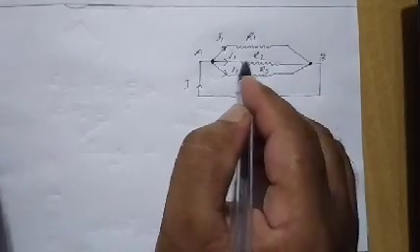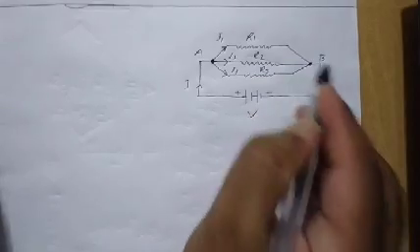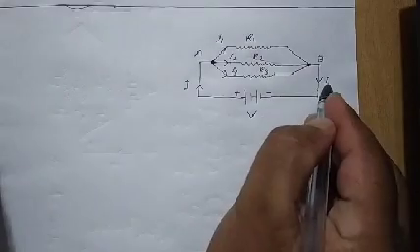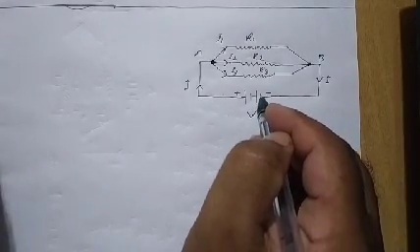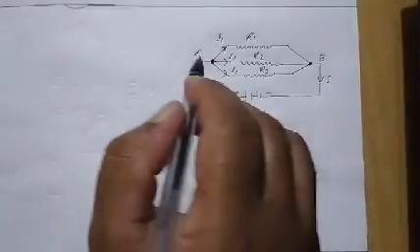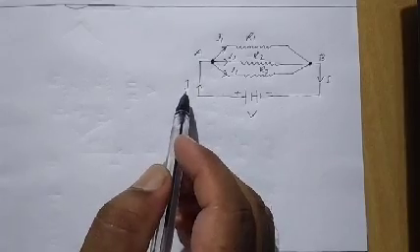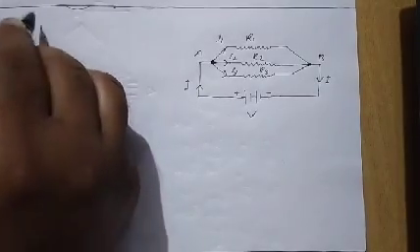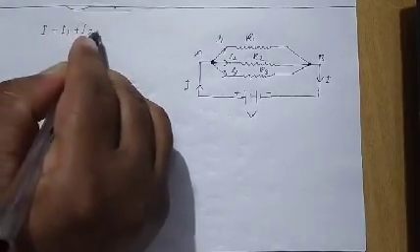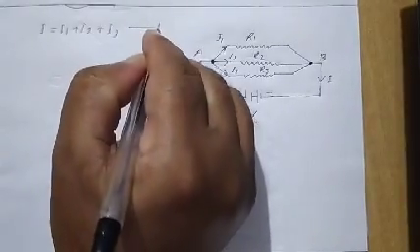All these I1, I2, I3 will again meet at the point B, and it will come as I, and this will enter the negative terminal of the battery. Since the current I is divided into three parts, we can write I equal to I1 plus I2 plus I3. So this is equation 1.